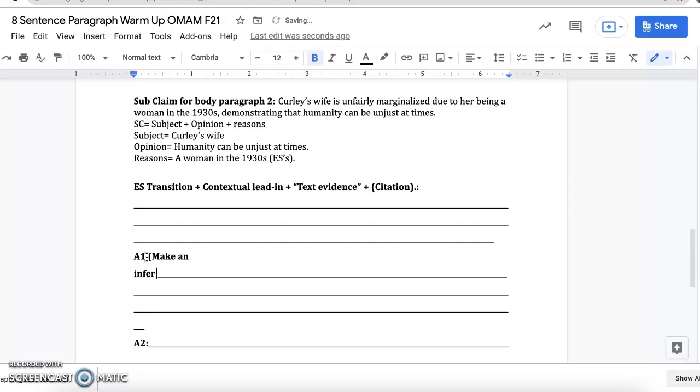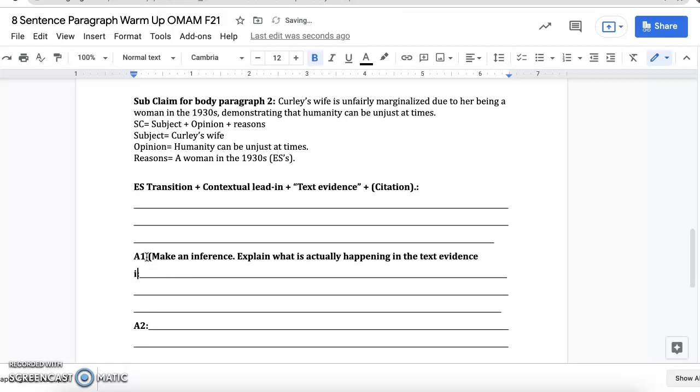Make an inference, explain what is actually happening in the text evidence in regards to what you stated in the subclaim.